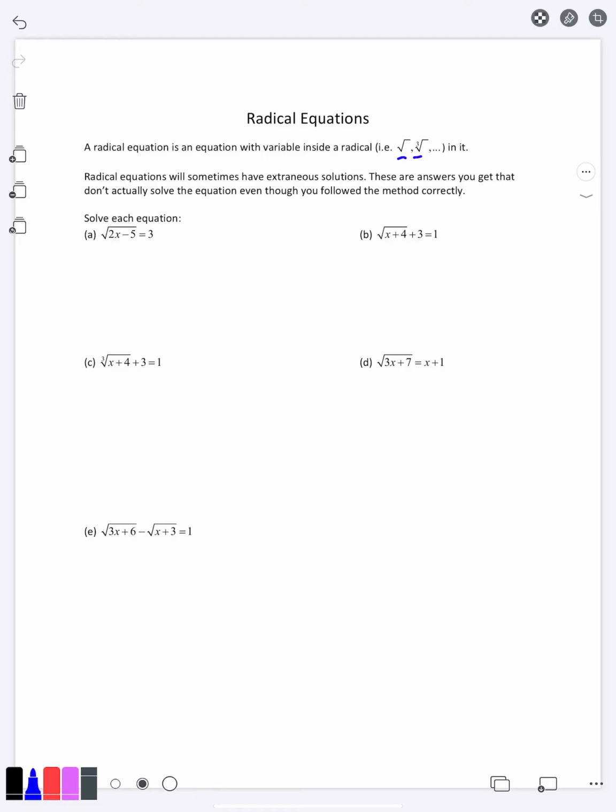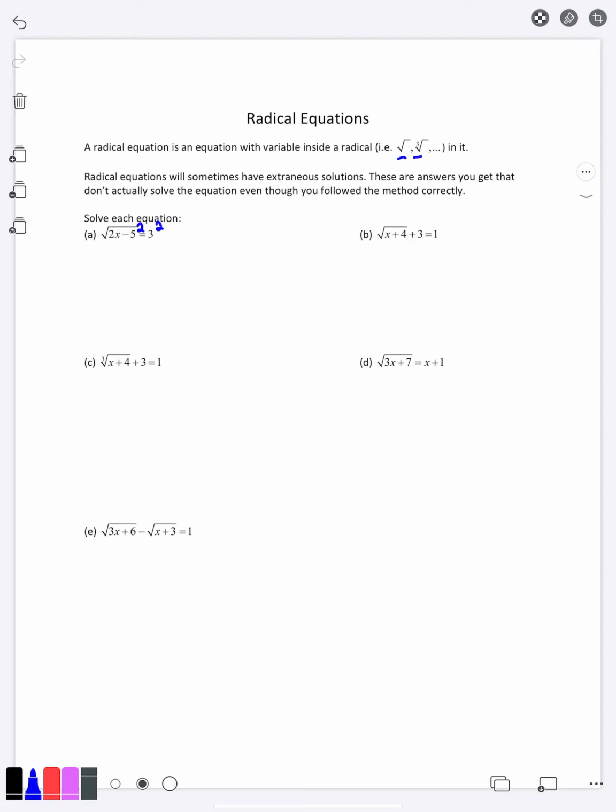So the first one, we have the square root of 2x minus 5 equal to 3. Well, we've learned that when you have an equation, you can always do something to both sides as long as you do the same thing to both sides. And that includes squaring them. So I'm going to go ahead and square both sides of this equation.